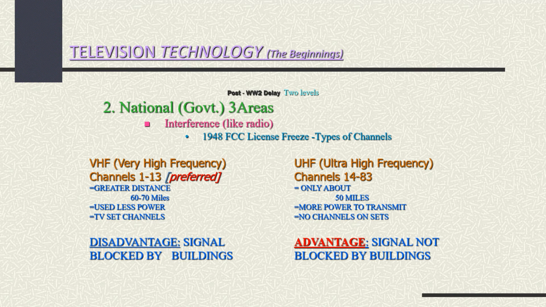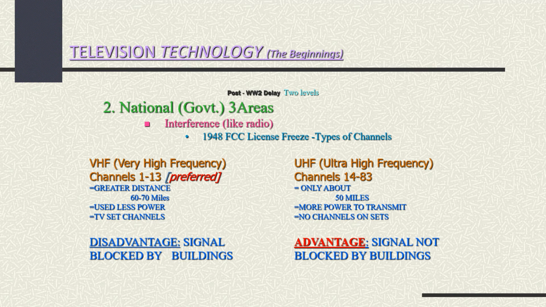There was one advantage that UHF had over VHF, and that is that the UHF signal could actually go through buildings. It wasn't blocked by concrete and steel, whereas the VHF signal was.